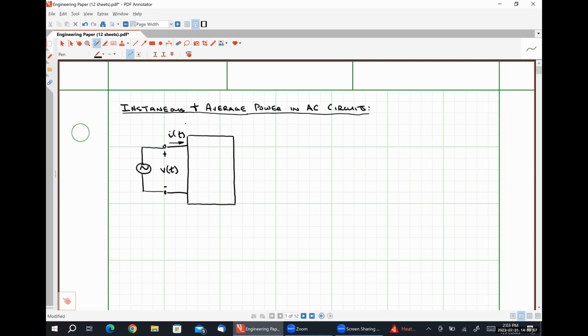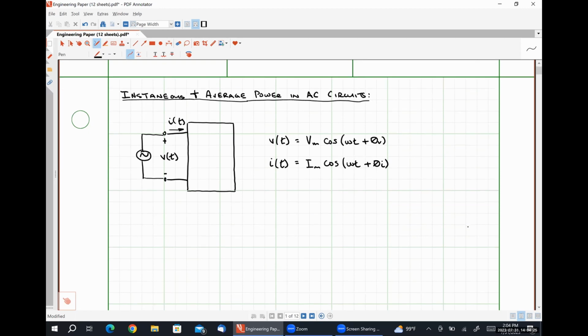And because we are sinusoidally exciting this network, our expectation is that V of t will be of the form Vm cosine omega t plus some phase angle theta v, and I of t will be Im cosine omega t plus some phase angle theta I.